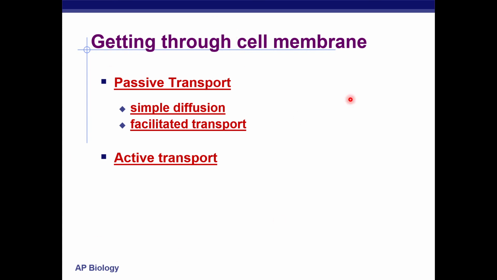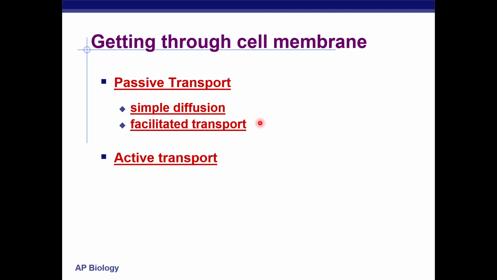So, getting through the cell membrane, we've talked about passive transport already. These don't require energy. Simple diffusion is just directly through that membrane. These are oxygen, carbon dioxide, little lipids, little nonpolar substances. They just squeak through that membrane between those phospholipids. Facilitated transport does not require energy, so it's like an aquaporin. It's going to help things move through faster.